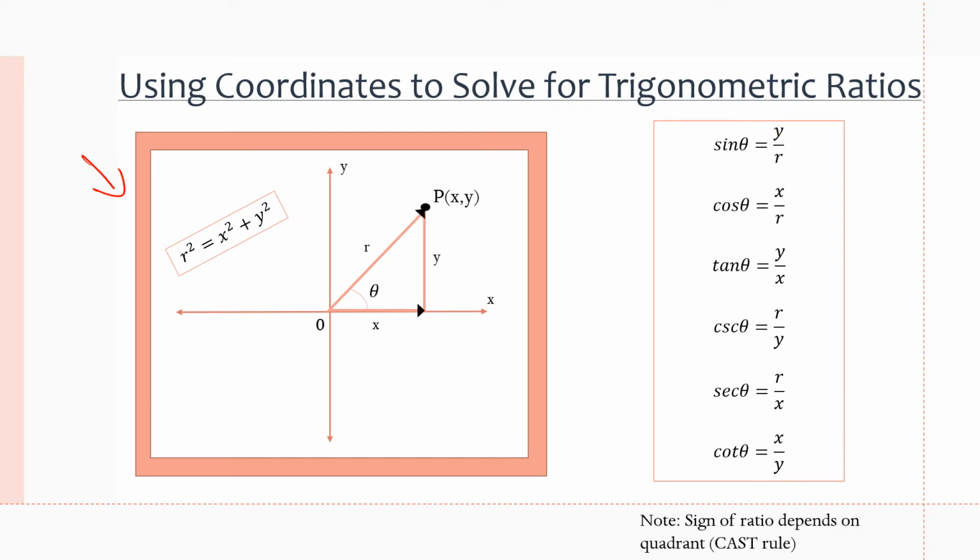These ratios will always be the same variables, like sine theta will always be y over r, but sometimes this y coordinate will be negative, or sometimes our cosine may be negative because this x could be negative, which we'll go over in the next couple slides. But just note that the sign of the ratio depends on the quadrant, because it depends on x and y and if they're positive or negative. Okay, so let's keep going.